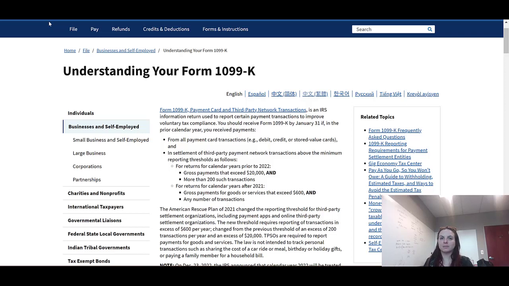Other issues that I see sometimes with a 1099 is going to be if you have entered the wrong EIN information, or if you've entered your social into a payment processor site and it really should be your EIN, right? So the payment processor may issue a 1099-K to your social security number when really it should have gone to your S corporation.